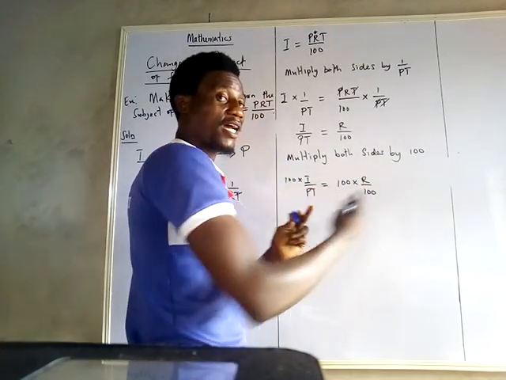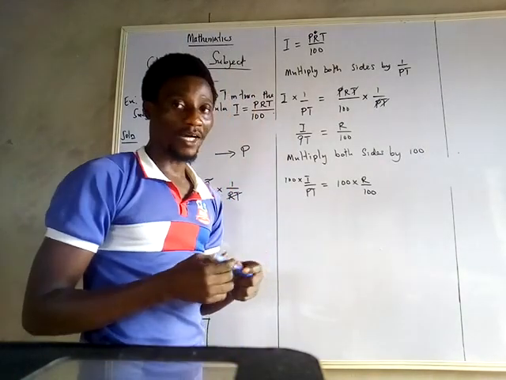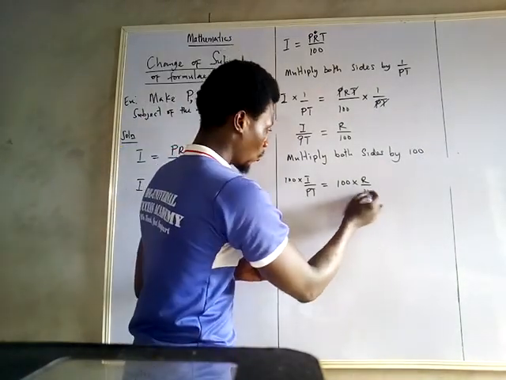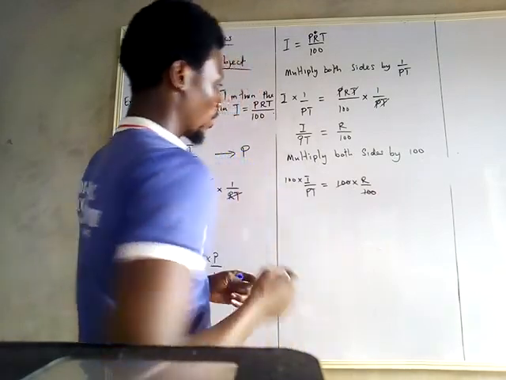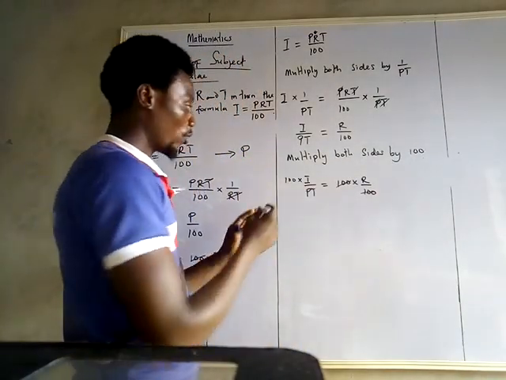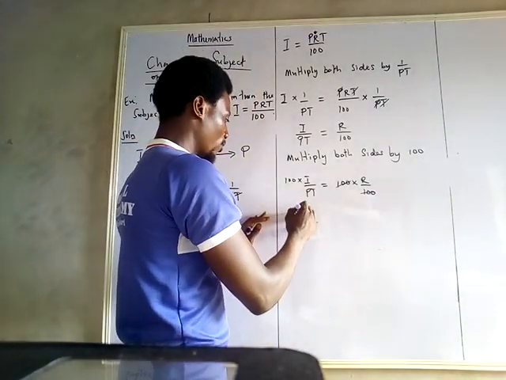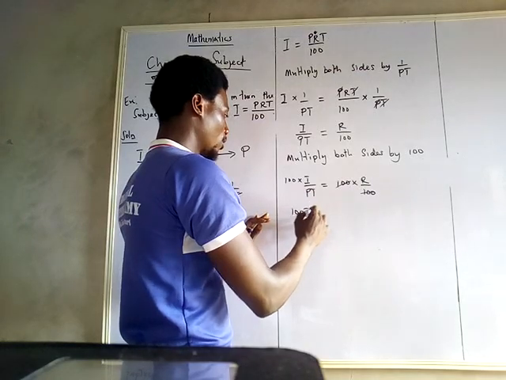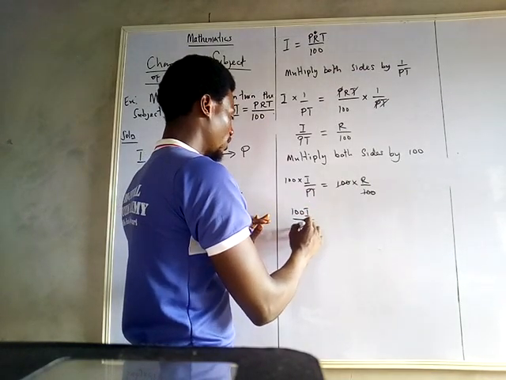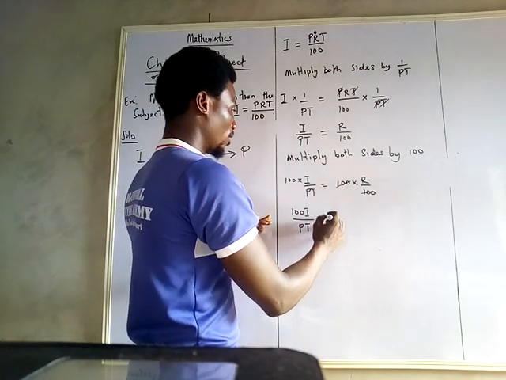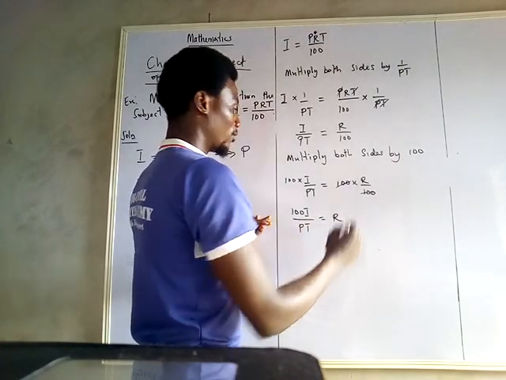Yes, we have multiplied both sides by 100. That is to say, 100 can cancel 100 here. And what we have left is 100I all over PT to be equal to R.